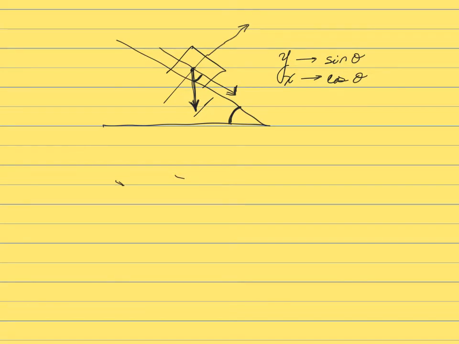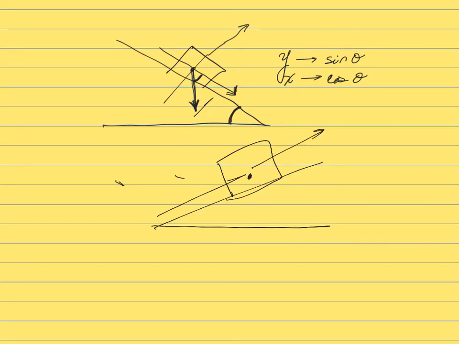But if the angle, okay, let me see. Over here, I'm going up. If the angle is made between the force and the y-axis, remember here the angle was between the force and the x-axis.